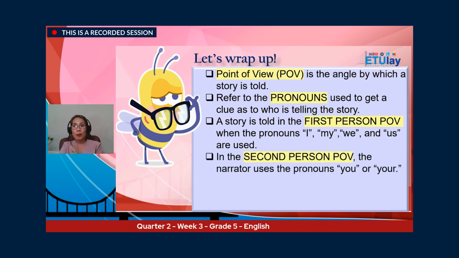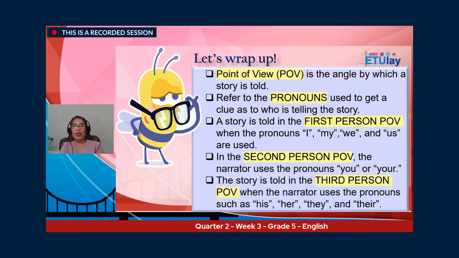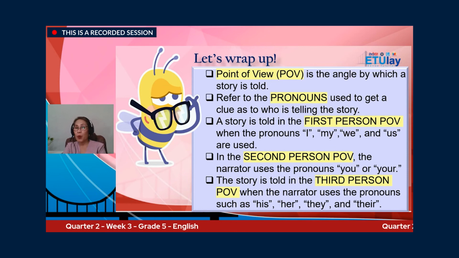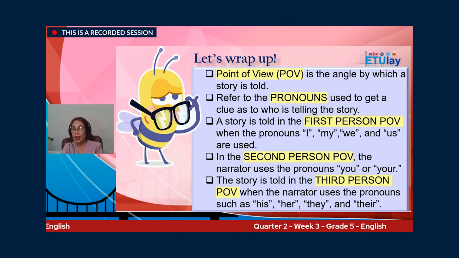In the second person point of view, the narrator uses the pronouns you or your. And the last one is, the story is told in the third person point of view when the narrator uses pronouns such as his, her, they, and their.